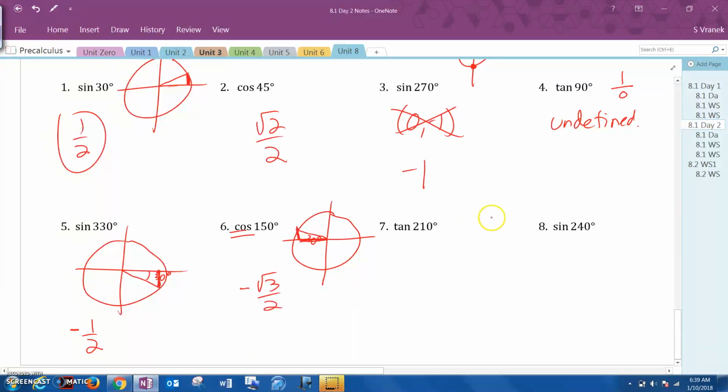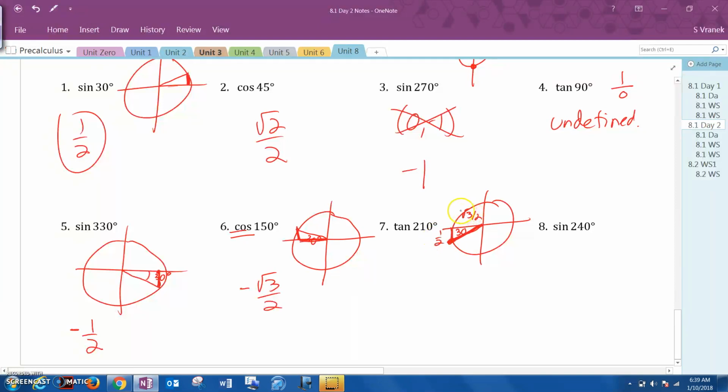Now tangent of 210 is probably the trickiest one, because 210, we have to figure out where that is. It's a little more than 180. So that means, again, we have a reference of 30. All these have pretty much references of 30. There's no references of 60. Oh, maybe the next one. So then we look and we say, all right, at references of 30, the x is √3/2, the y is 1/2.